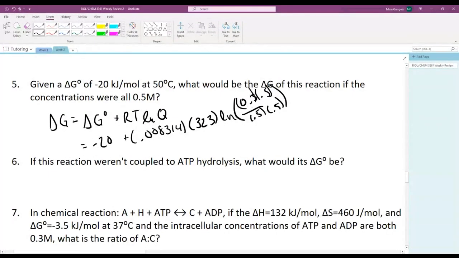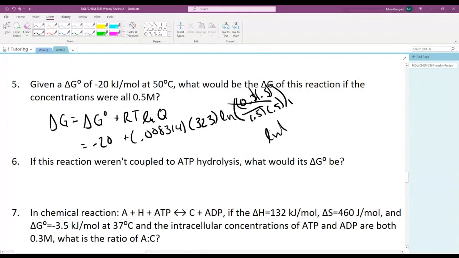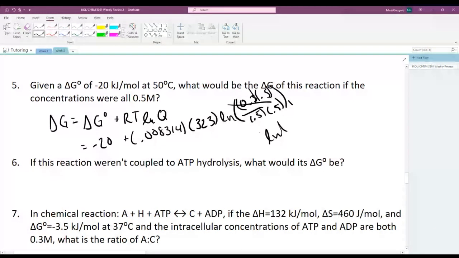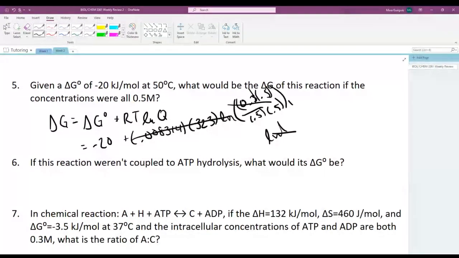So this whole thing is going to clean up to 1. What's the natural log of 1? Natural log of 1 is 0. So this entire term goes to 0.